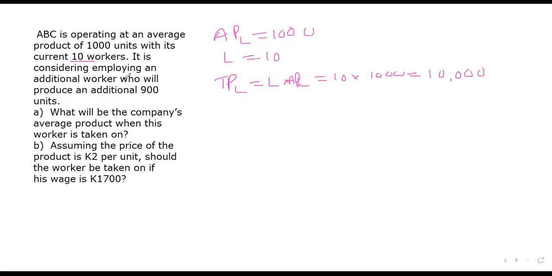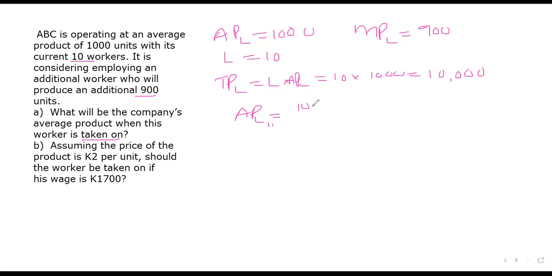Then we are told that we are considering an additional worker who will only produce 900 units. So marginal product, additional means MP. So the marginal product of labor is 900. What will be the company's average when this worker is taken on? We're asked to calculate the average product of labor for 11 people.